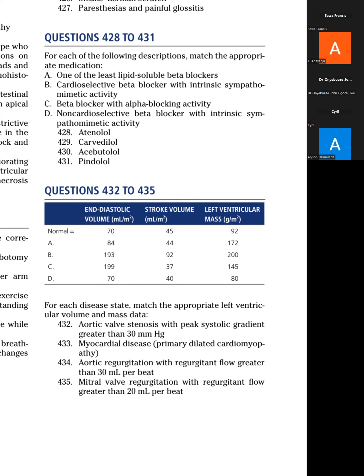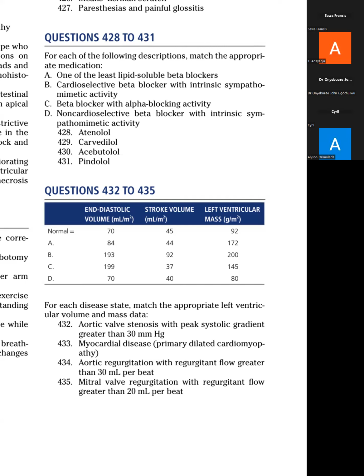D, end diastolic volume as 70, stroke volume as 40, and left ventricular mass as 80. All right. For each disease state, match the appropriate left ventricular volume and mass data.